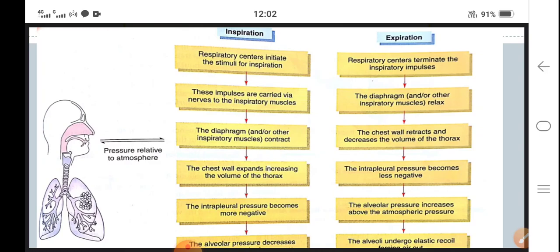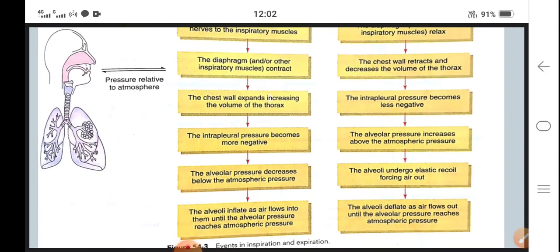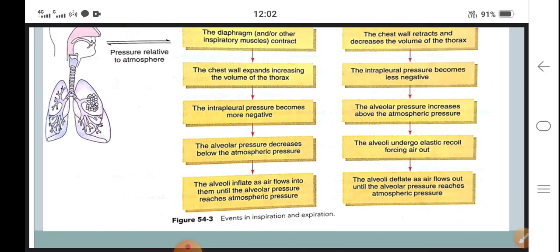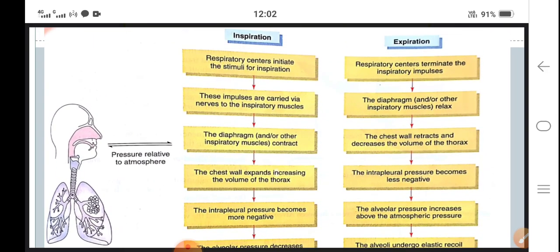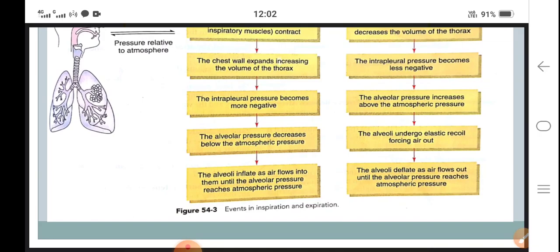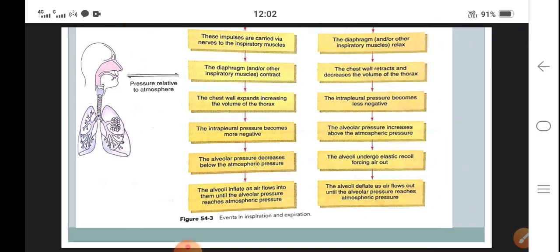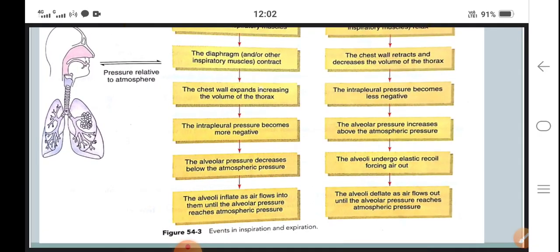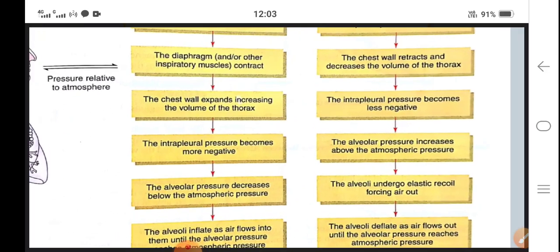The intrapleural pressure becomes more negative. The alveolar pressure decreases below the atmospheric pressure. Air flows into the alveoli until the alveolar pressure reaches the atmospheric pressure. So these seven events are responsible for inspiration.